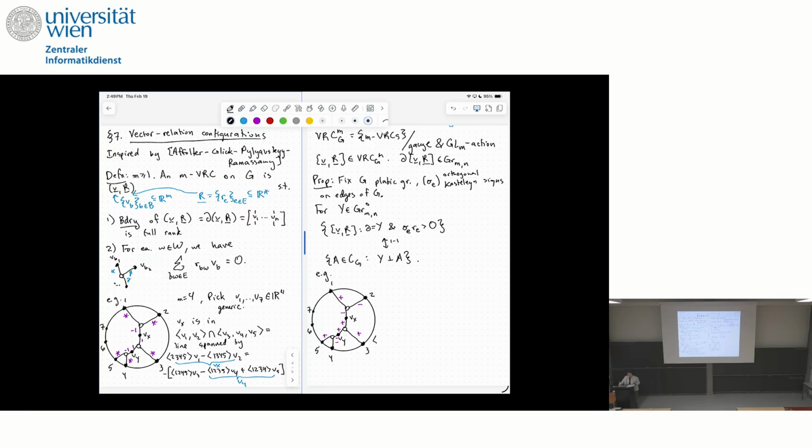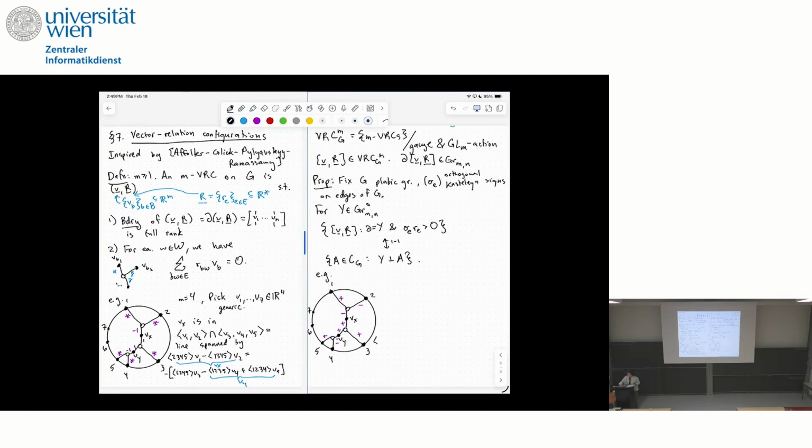So what we said before was, for Y in GR 4,7, either Y is perpendicular to A for a unique A in this positroid cell, or Y is not perpendicular to any element of the positroid cell. So this is checking half of the condition that Y is the z tilde tilde image of something in the cell CG.